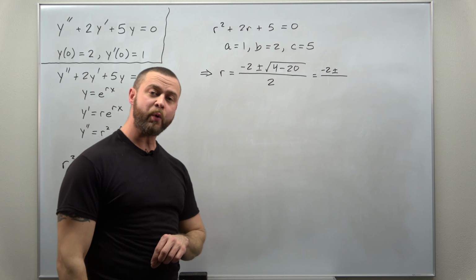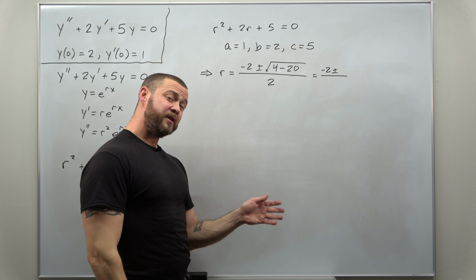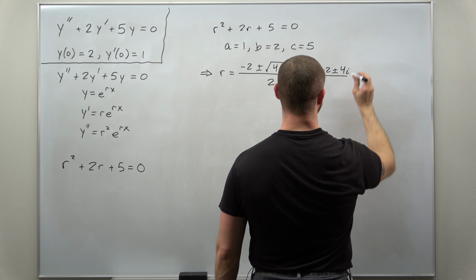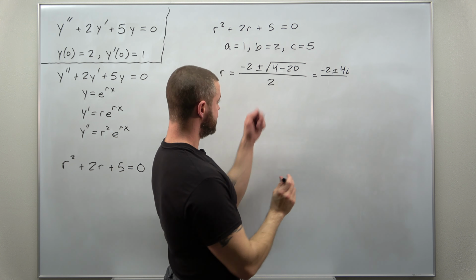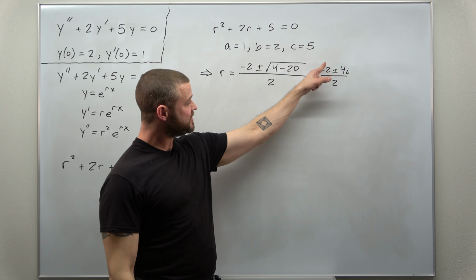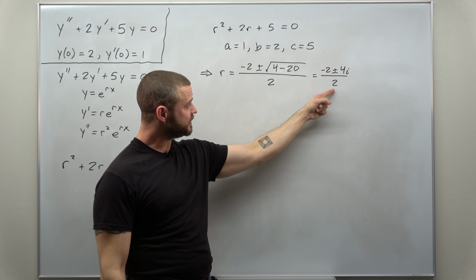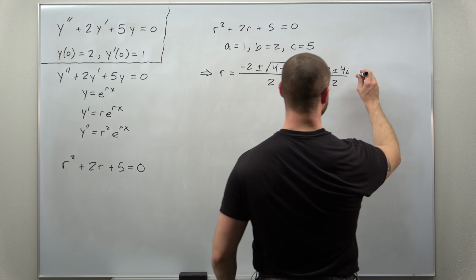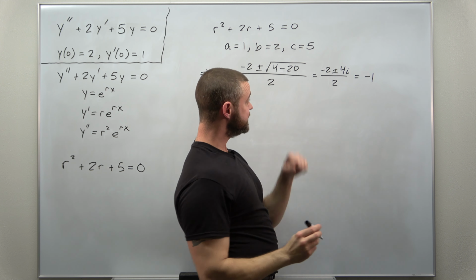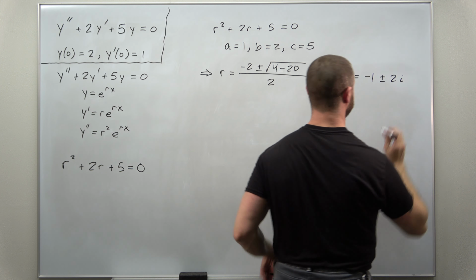And if you take your square root of that, introducing i, we can write square root of negative 16 as 4i. And then that's all over 2. And notice, since each term in the numerator contains a factor of 2, we can divide the 2 in the denominator into that, giving us our complex solutions, negative 1 plus or minus 2i.